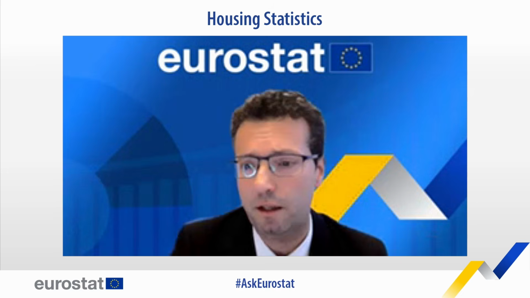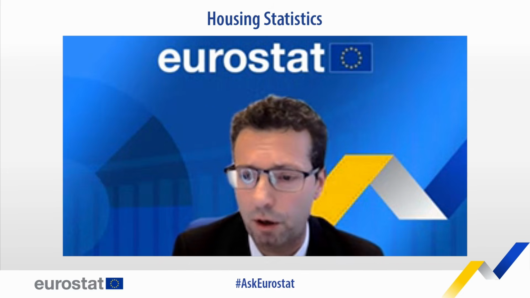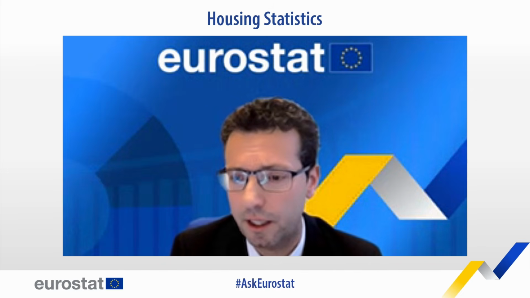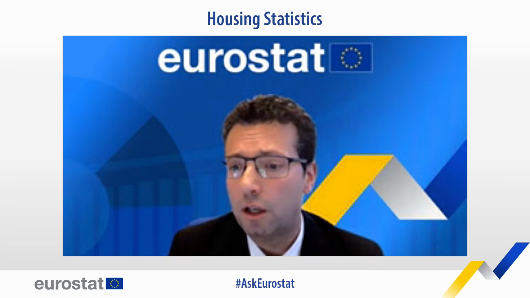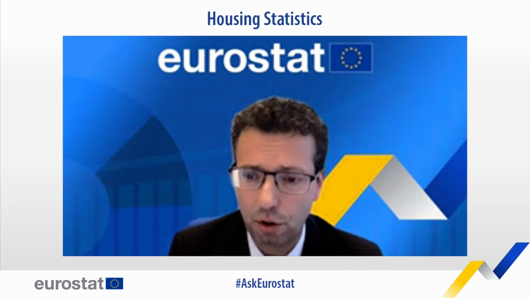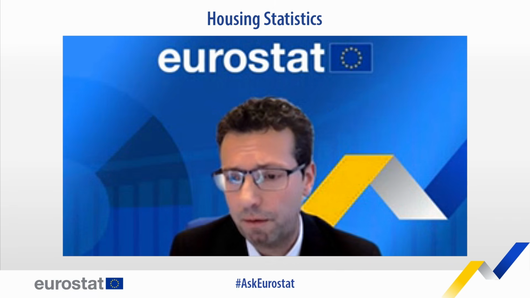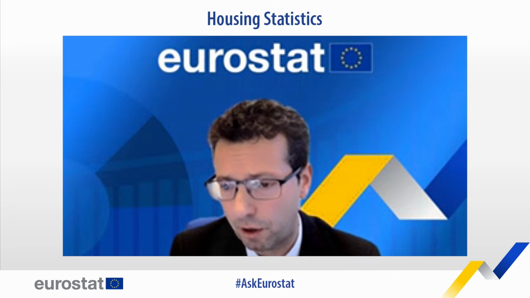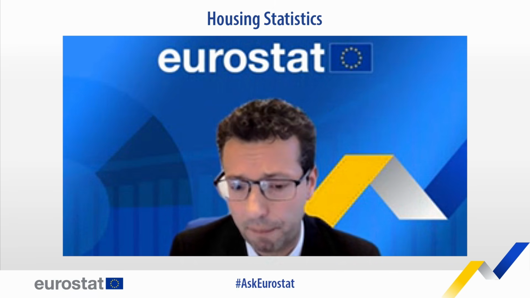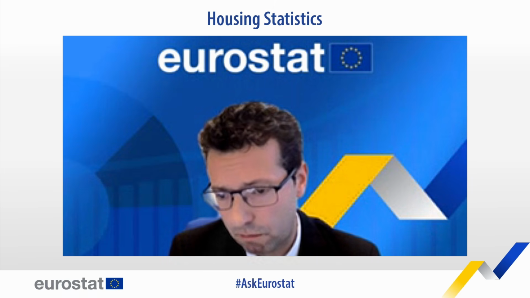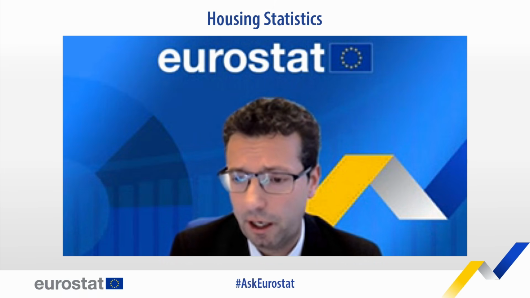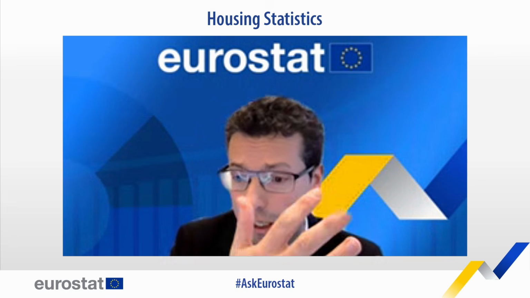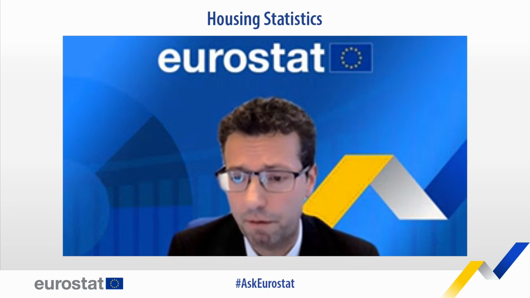Also, what facilities, energy available, toilets. So it's quite large data on households and dwellings that can be found in the population and housing census, and this is available on our website and on the Census Hub, as Sigita has presented earlier in the first part of the webinar.